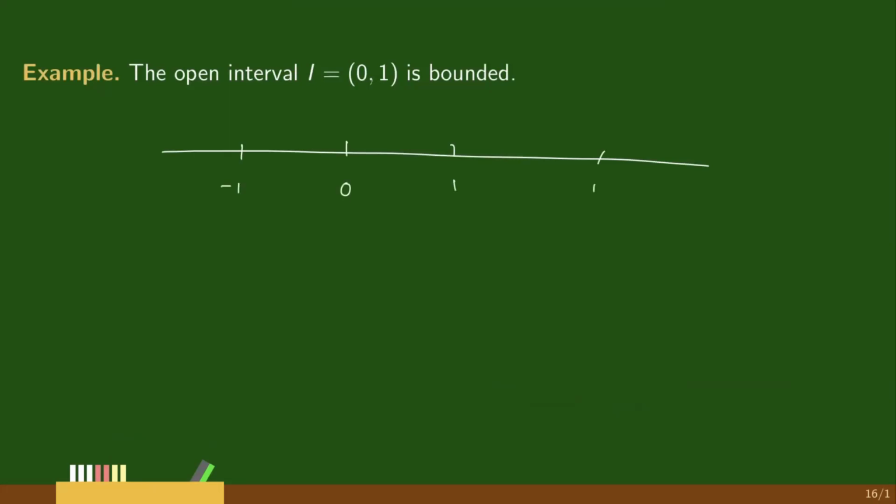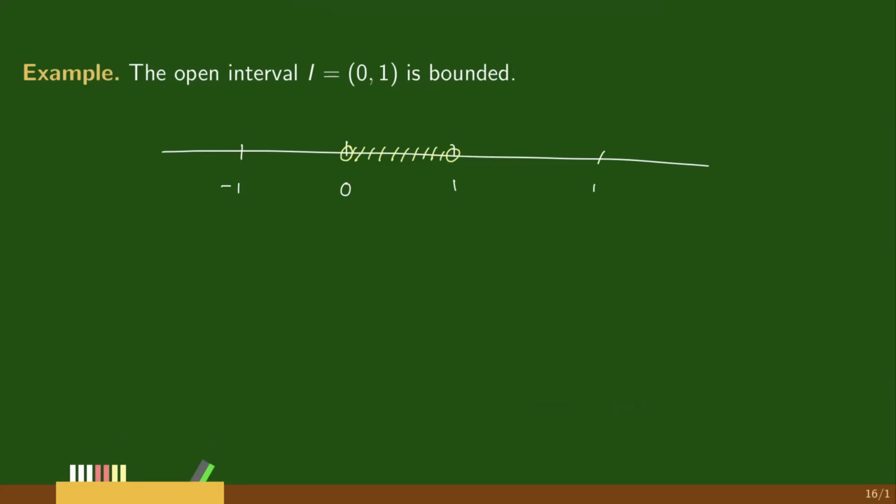Our representation will be the numbers that are precisely between 0 and 1, not including 0 and 1. We just talk about those that are in between. Now this interval is actually bounded above and below. You can give many upper bounds. Can you give me an upper bound?